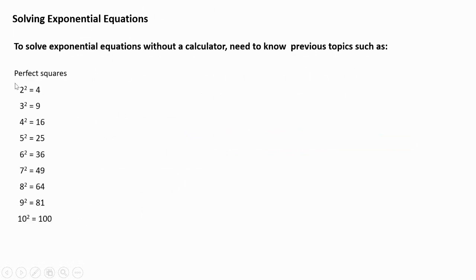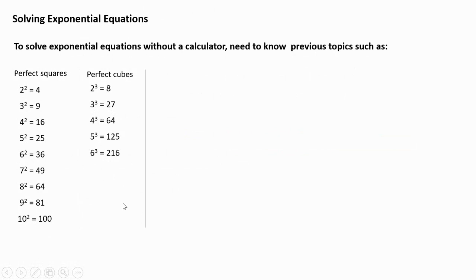These are perfect squares because 2 squared equals 4, 3 squared equals 9. So you have to know these right here, at least all the way to 10. 10 squared will be 100. These are the perfect cubes that you must know. Eight is a perfect cube because 2 cubed is 8, 3 cubed is 27, and so forth. So know these at least all the way to 6.